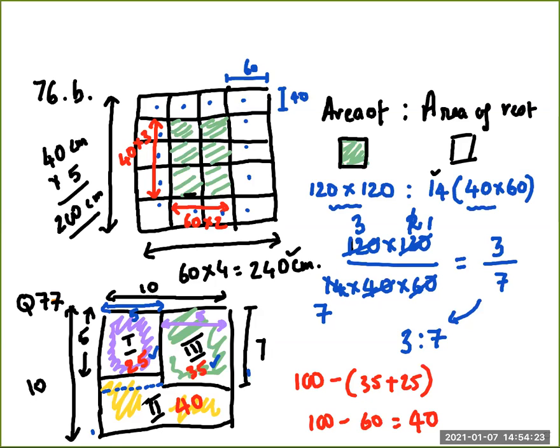You can do it like that and then add the two up, but there's a cleverer way to do this. You know the entire area is 10 by 10, so that is 100 square units. Subtract from that the areas of section 1 and section 3, that is 35 and 25. So you get 100 minus 60 and the area pops out as 40 square units. Now you can proceed to answer the rest of the problem. Once you have got the areas, the ratios work out to be simple.